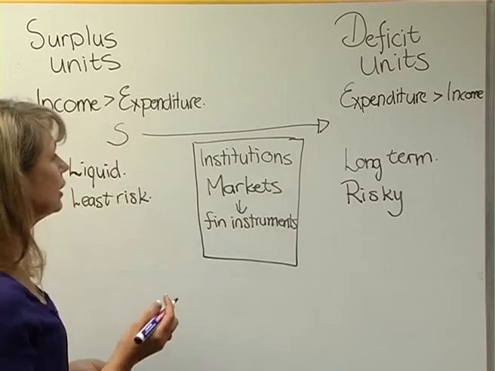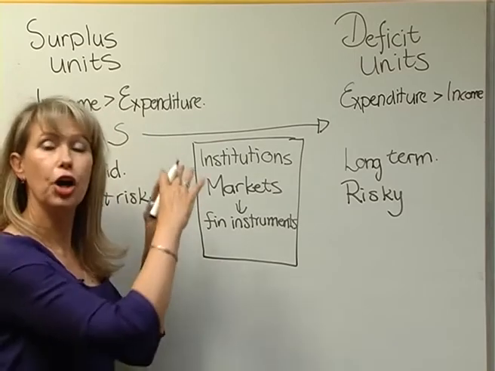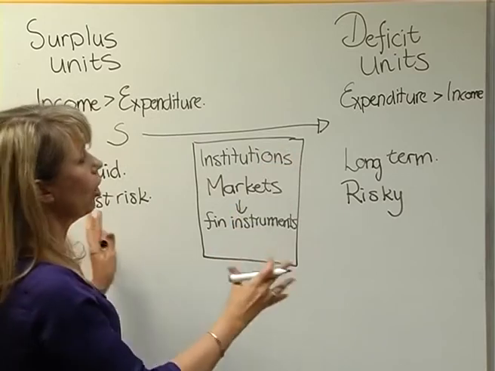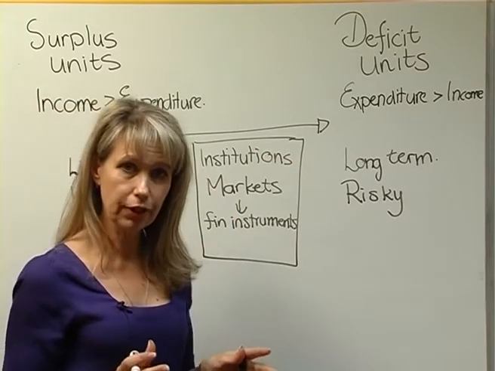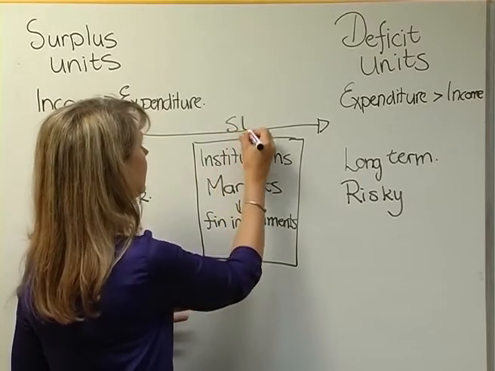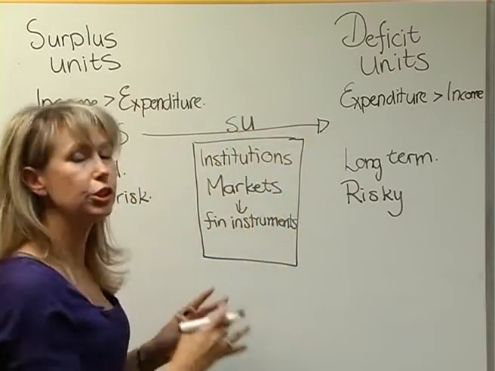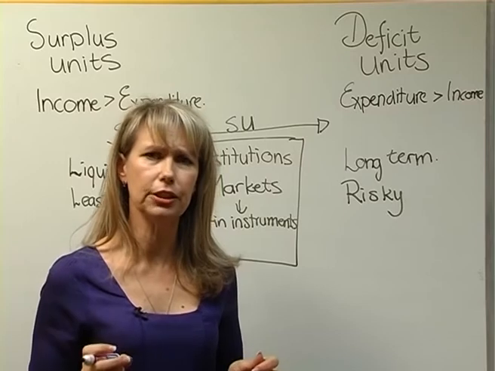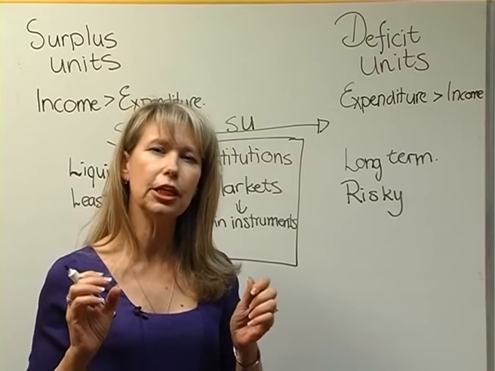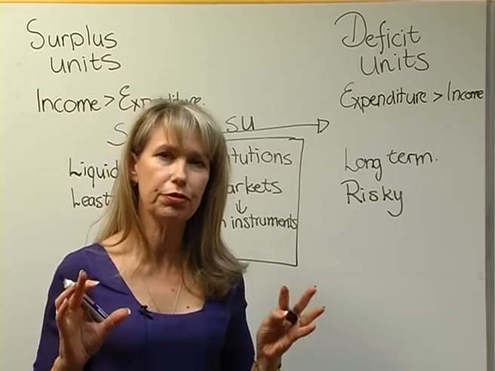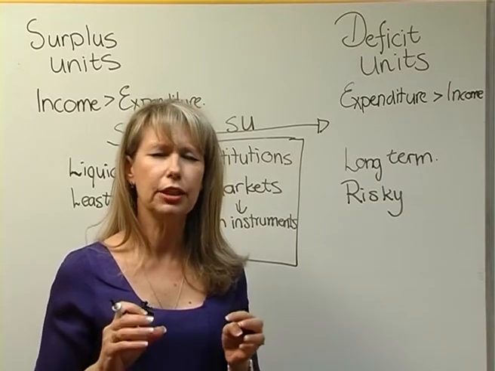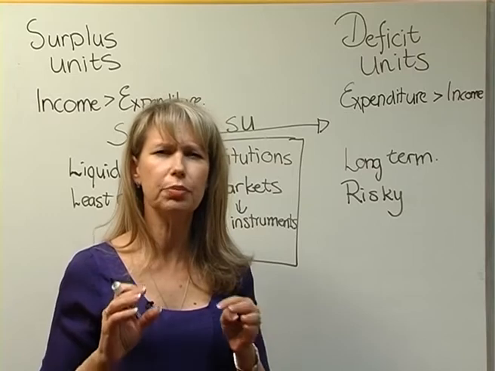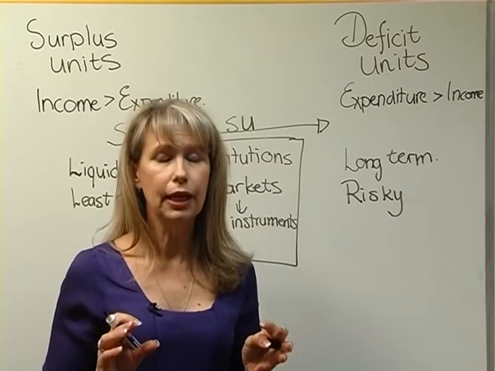Now, in study unit 1, we're going to provide you an overview of all of the components that the financial system consists of. So study unit 1 is going to be about all the jargon that we use in the financial system. If you've never been involved with the financial markets or a financial institution, there's going to be lots of jargon that's going to be very unfamiliar to you.